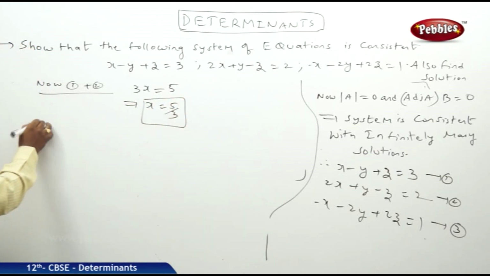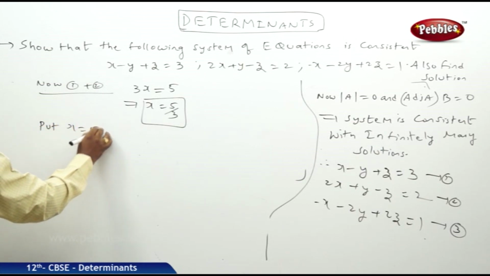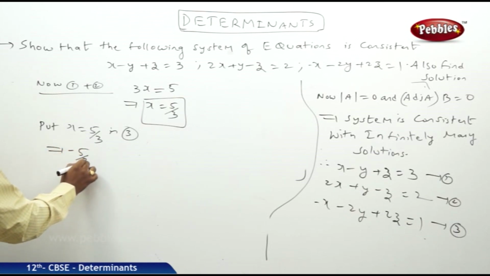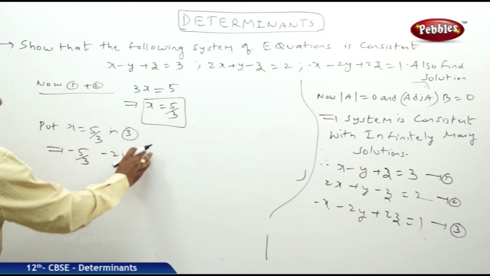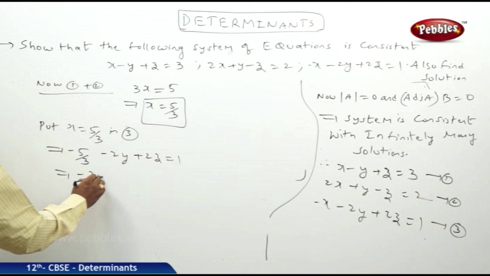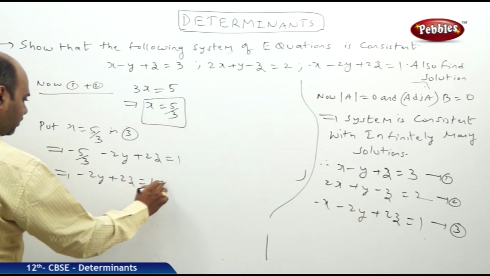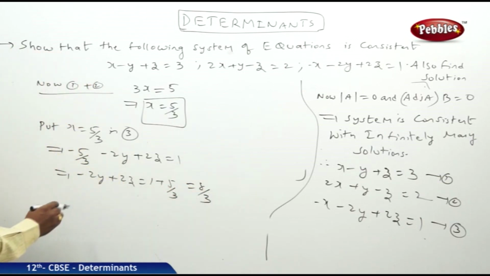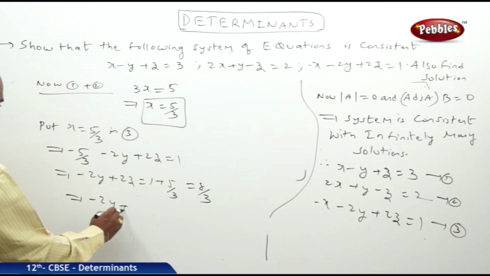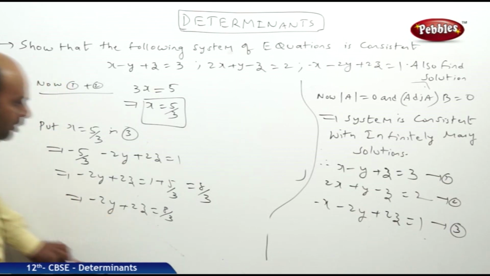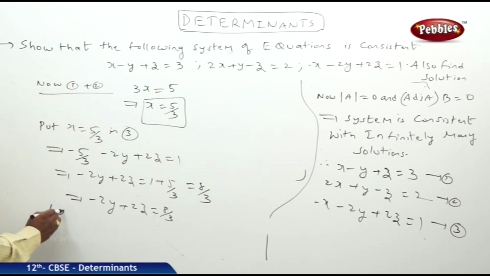Now I will put x is equal to 5 by 3 in 3. So 5 by 3 minus 2y plus 2z equal to 1. So minus 2y plus 2z is equal to 1 plus 5 by 3, that is equal to 8 by 3. This time let y equal to k I will be keeping.